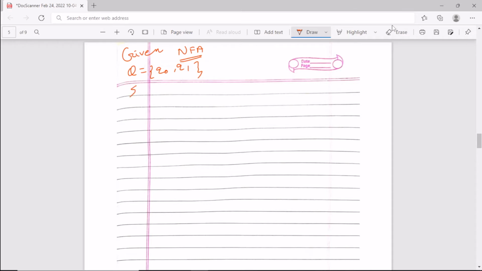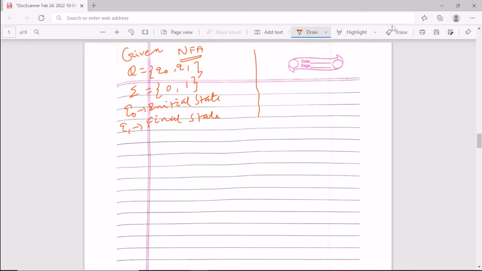And sigma, what are the two input symbols we have? 0 and 1. Next, Q0 here is the initial state, isn't it? And which is the final state? It is given that Q1 is the final state. So these are all given along with the transition function.